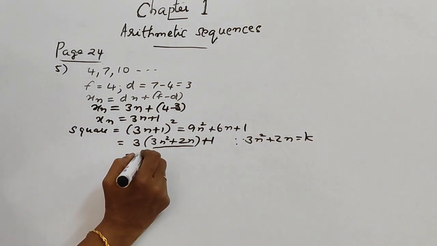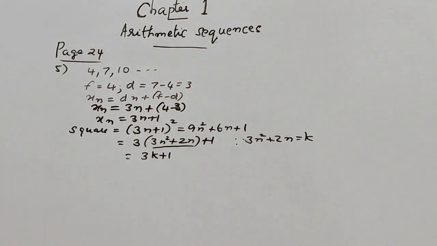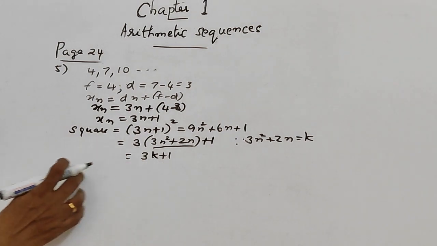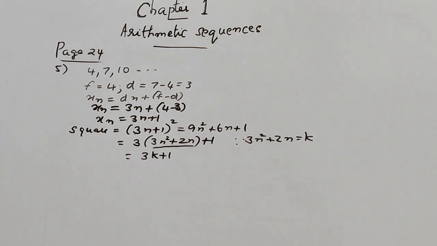So this will be equal to 3k plus 1. See, divide this by 3. We get 1 as the remainder. So, what is the question here? Prove that the squares of all the terms of the arithmetic sequence belong to the sequence. We get 1 as the remainder.